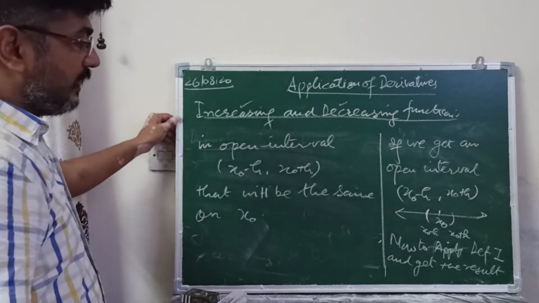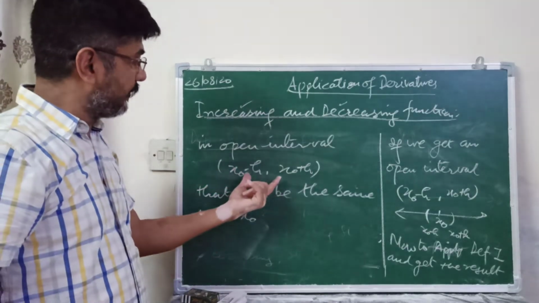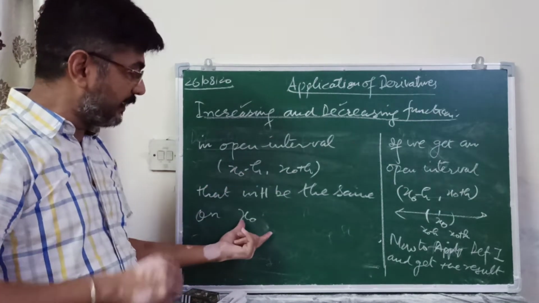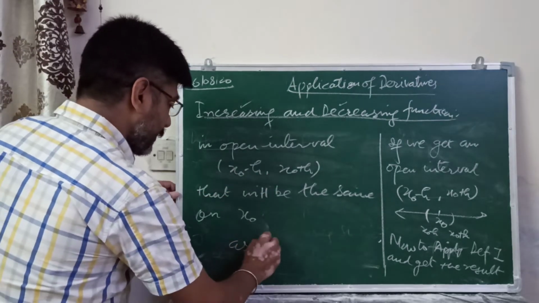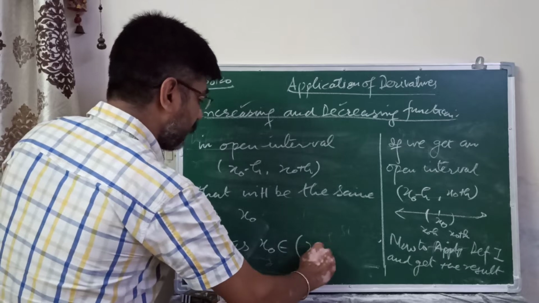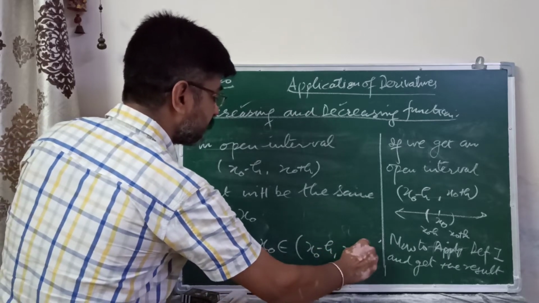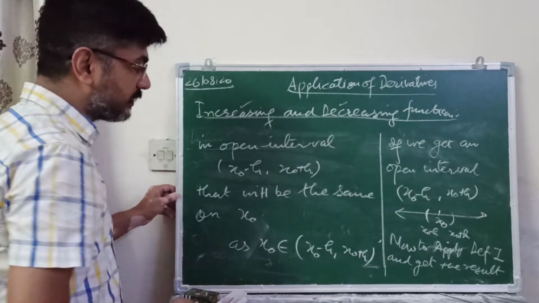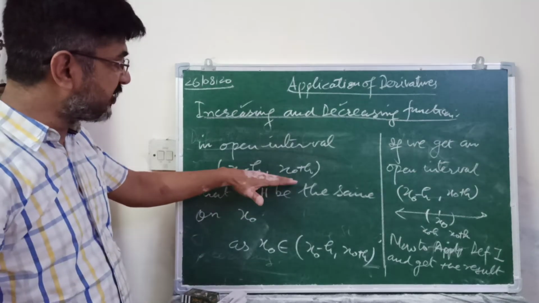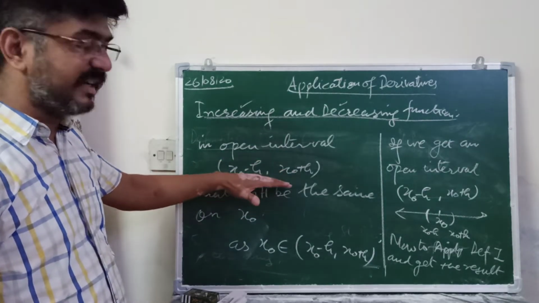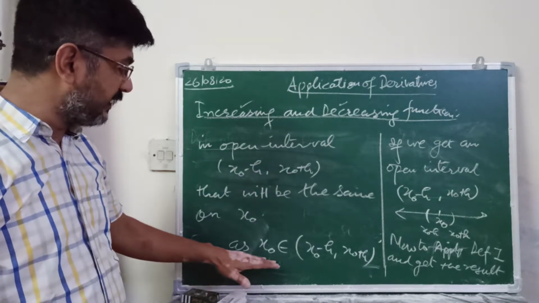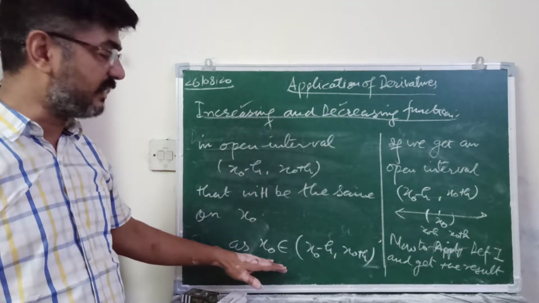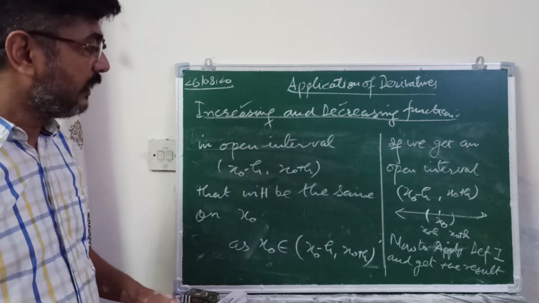The result we get in this interval will be the same on x0 because x0 is a member of x0 minus h to x0 plus h. x0 belongs to this. So if the function is increasing, strictly increasing, decreasing, or strictly decreasing in this interval, then it will be the same on x0 also.